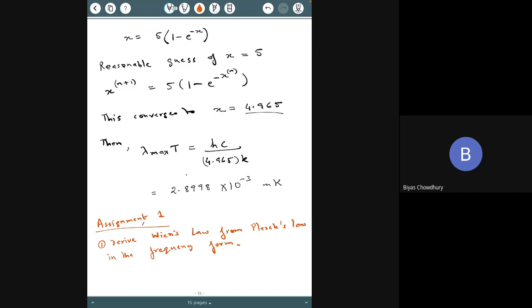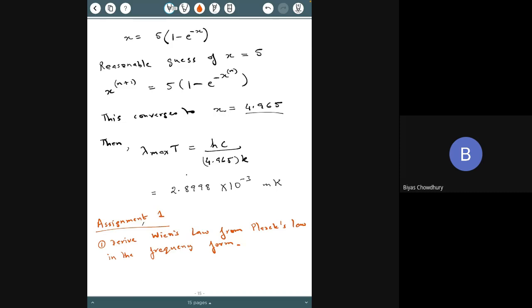So I went over to the wavelength form because Wien's law is reported in the wavelength form normally. That's how he did it. And also this relation was an empirical relation in the sense he fitted the experimental plots to obtain this lambda T equal to constant relation.